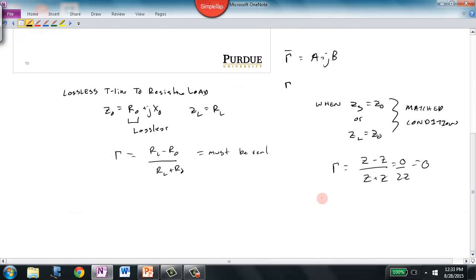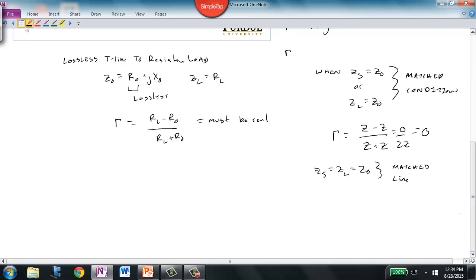If ZS is equal to ZL is equal to Z0, we call that a matched line. And there is no reflection at all. No voltage reflection, no current reflection. So no reflections occur. Gamma is 0.